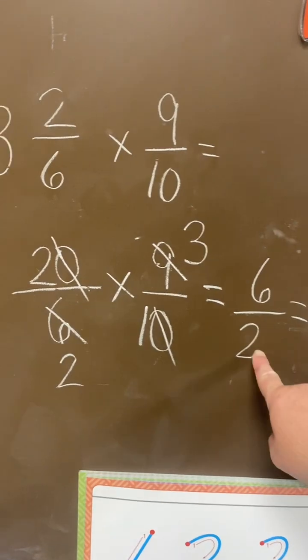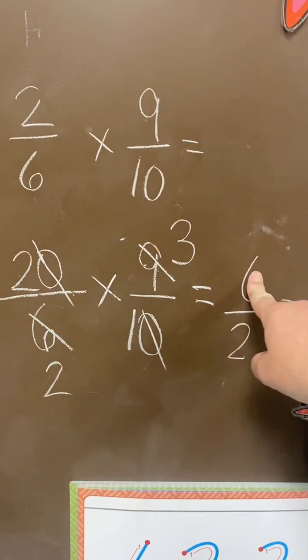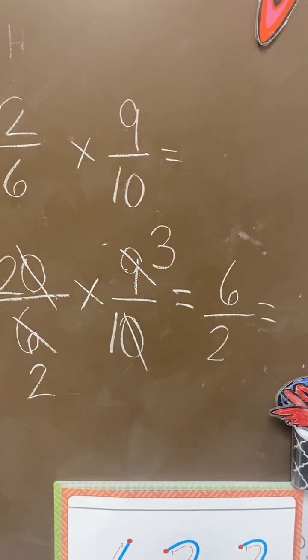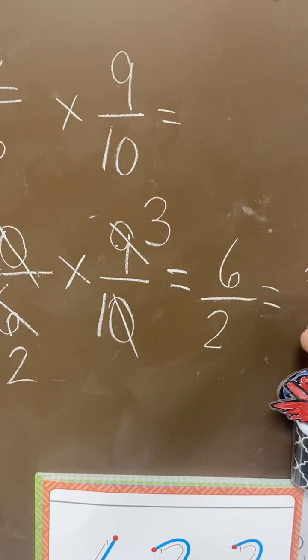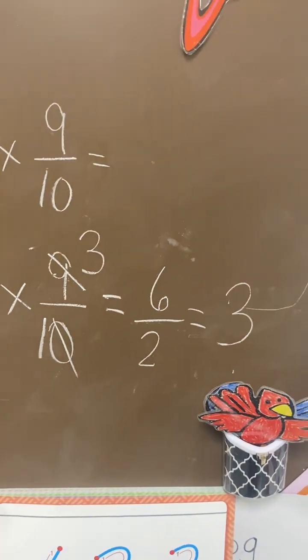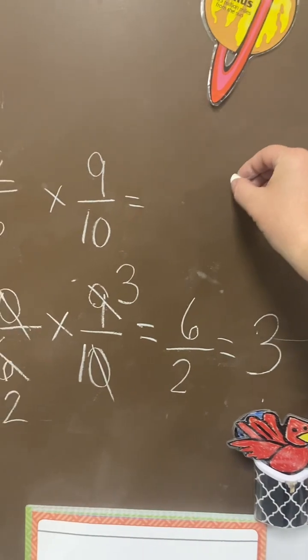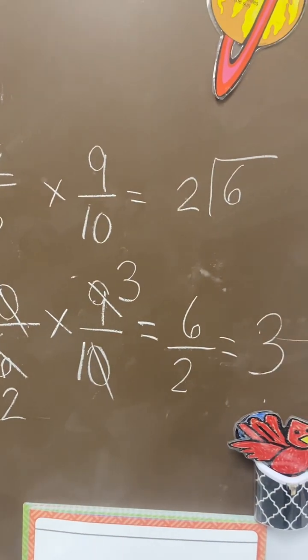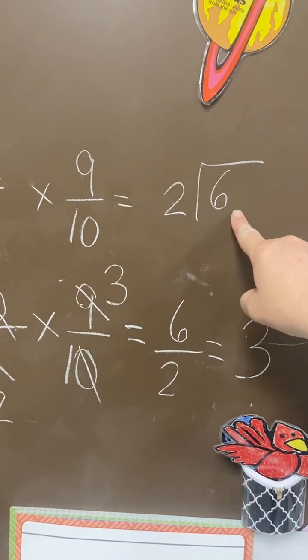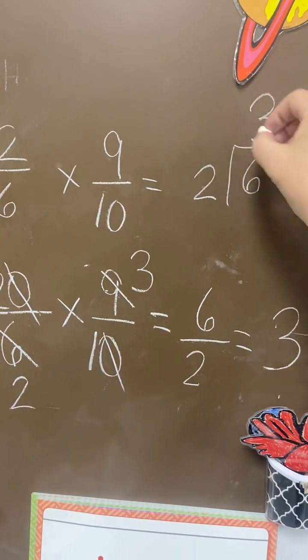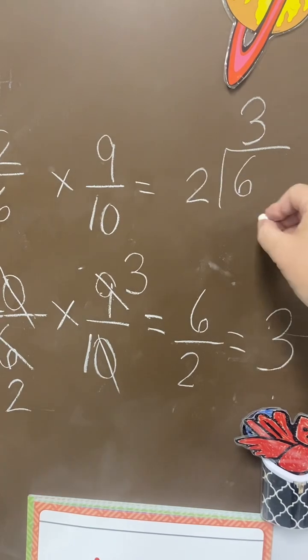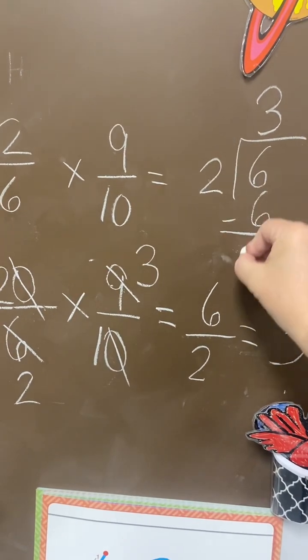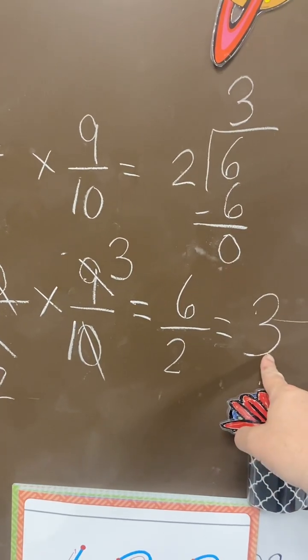No. So divide the 2 into the 6. 2 goes into 6 how many times? 3 times. Now we could also do it this way, where we simply divide 2 into 6. 2 goes into 6 3 times, because 3 times 2 equals 6. So the answer is 3.